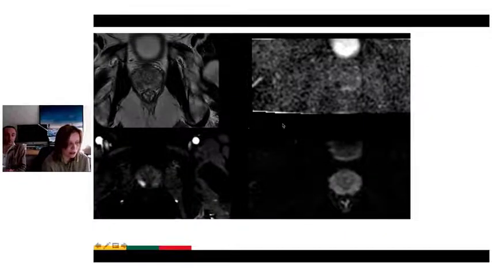Another case: here the peripheral zone is dark, though not so bright. Maybe the patient has prostatitis as well, or maybe fibrosis of the peripheral zone. But in this zone, we can depict something dark here. The ADC map is very dark, small but dark, and it's very bright on the contrast enhancing image.